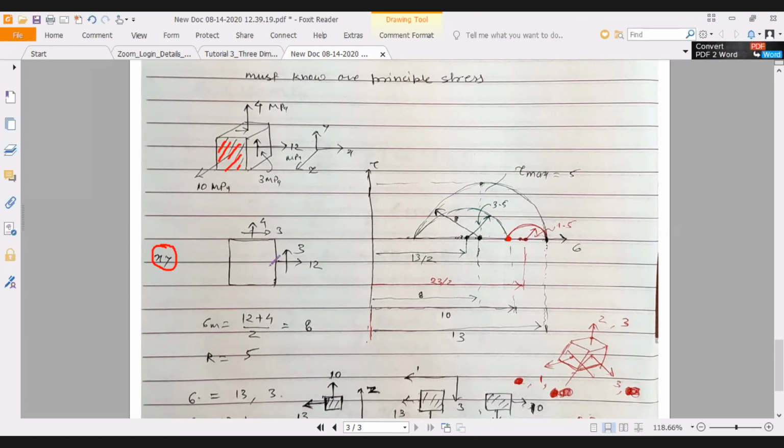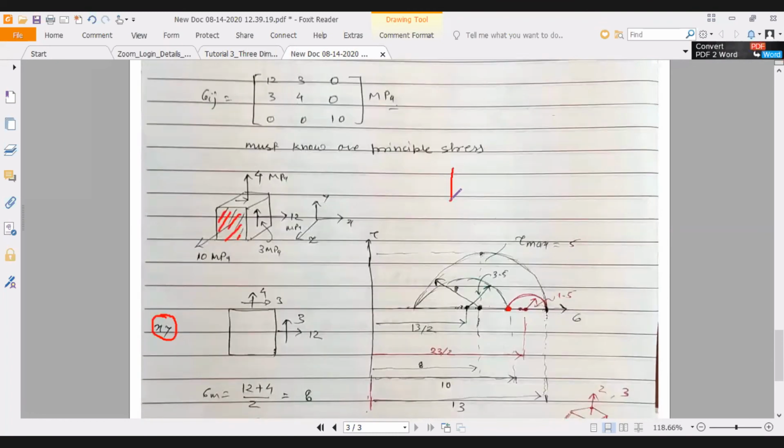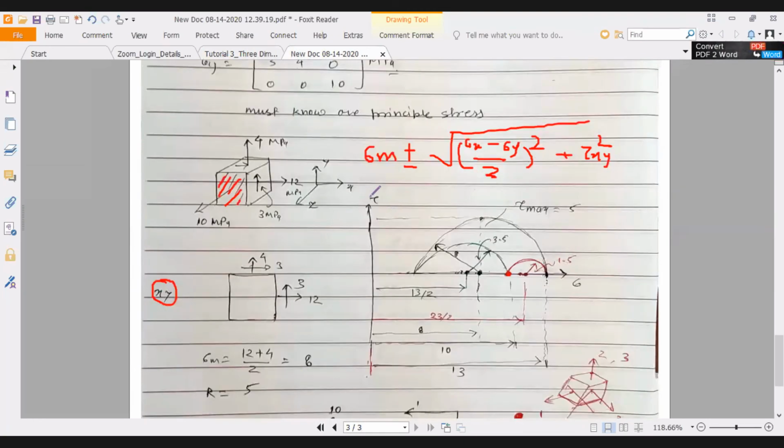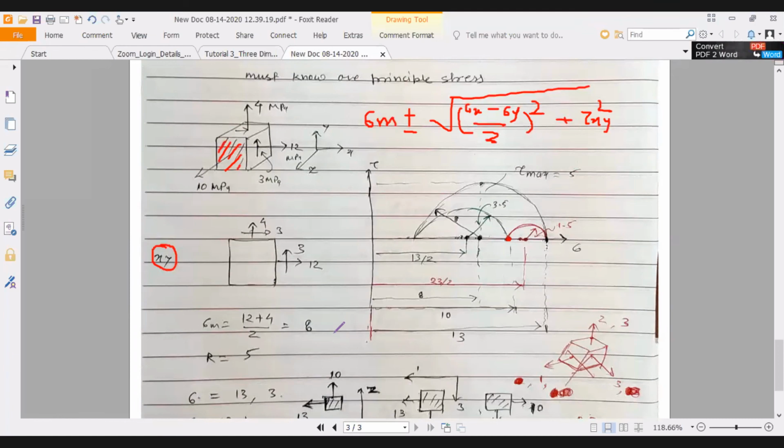The radius of the circle in the 2D case is given by the square root of sigma x minus sigma y divided by 2 whole squared, plus tau xy whole squared. The mean is sigma x plus sigma y divided by 2. So this sigma mean is calculated as 8, and this radius is 5.